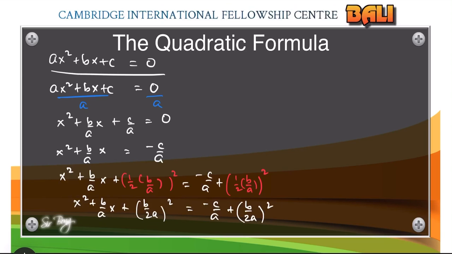In completing squares, in expressing this to a square form, we only need these three items. So I can write it here, x plus b over 2a squared, and this is equal to minus c over a plus b squared over the square of 2a. This is 4a squared.